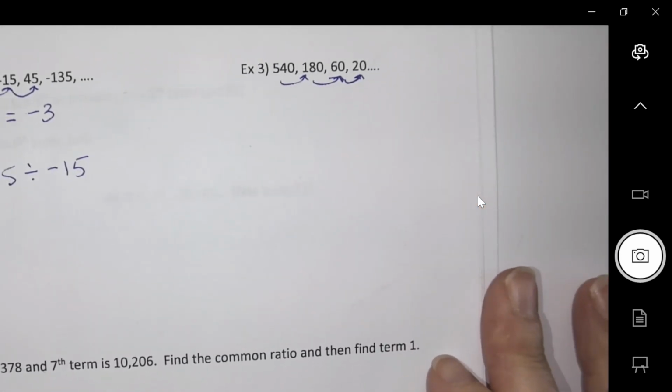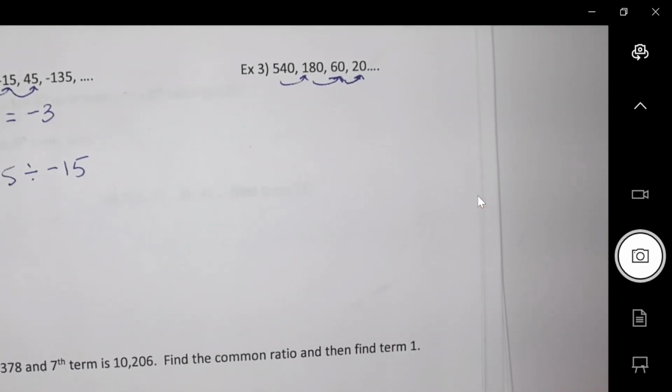What am I timesing by? It's going to be a decimal because I'm getting smaller. How do you multiply and end up getting smaller? You're multiplying by a fraction or a decimal.